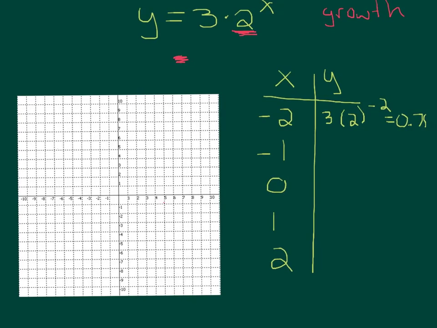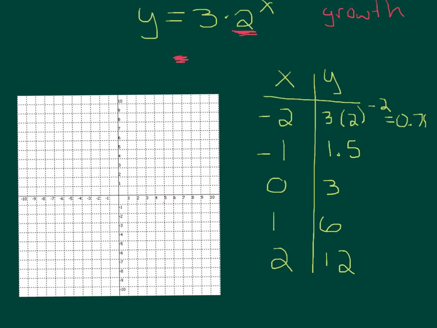And then if you plug in -1, you should get 1.5. When you plug in 0, you should get 3. When you plug in 1, you should get 6, and 2, you should get 12.